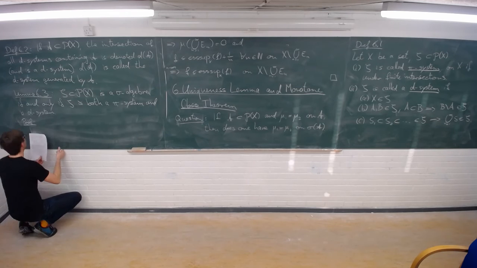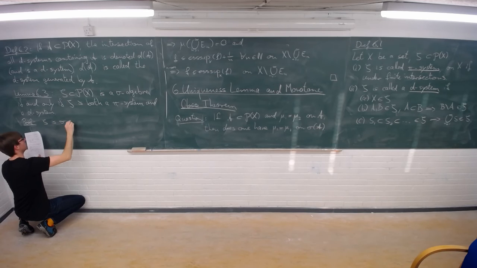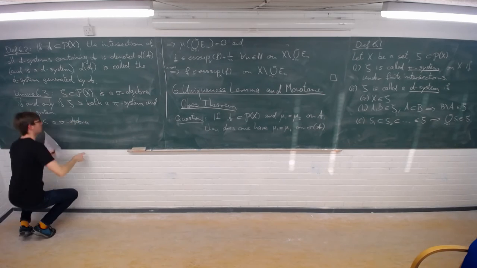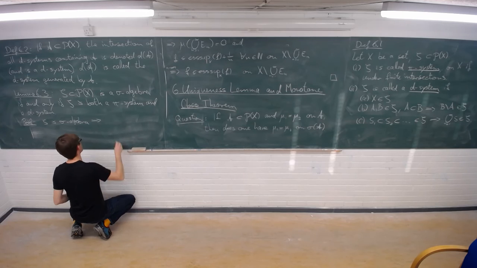And the proof: one direction is trivial, namely if S is a sigma algebra, then it's clear that it's a pi system and a D system.